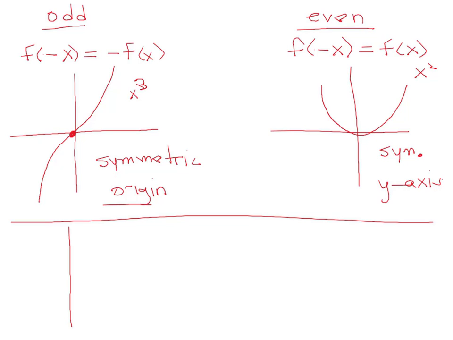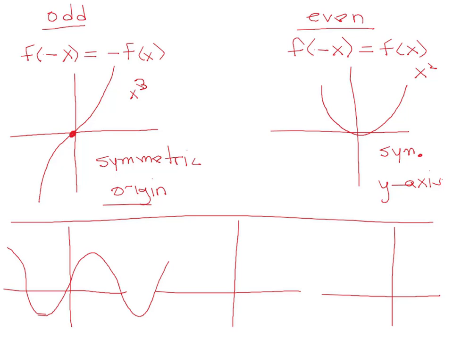Now let's look at sine, cosine, tangent. So the sine function looks like this, right? Cosine basically looks like this. And tangent kind of looks like this, right? So if this is the sine, is the sine odd or even?